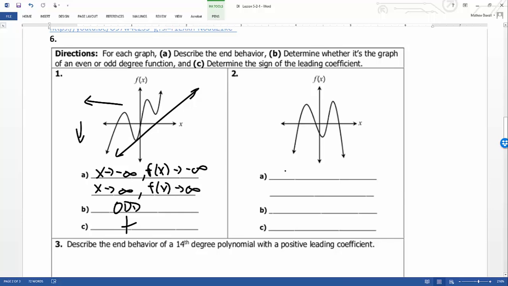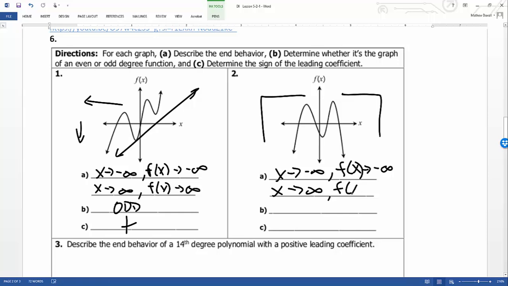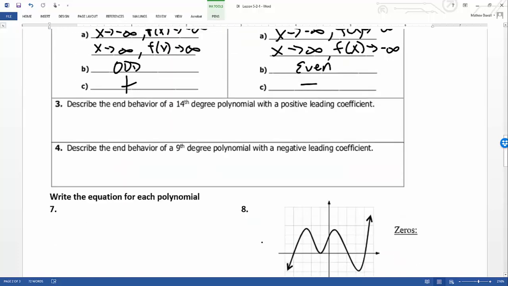This one is as x goes to negative infinity, y goes to negative infinity. Right? That goes down, and then as x goes to positive infinity, y goes to negative infinity. And then because they're both going down, I know it's even, and because the trend is down, I know it's going to be negative.